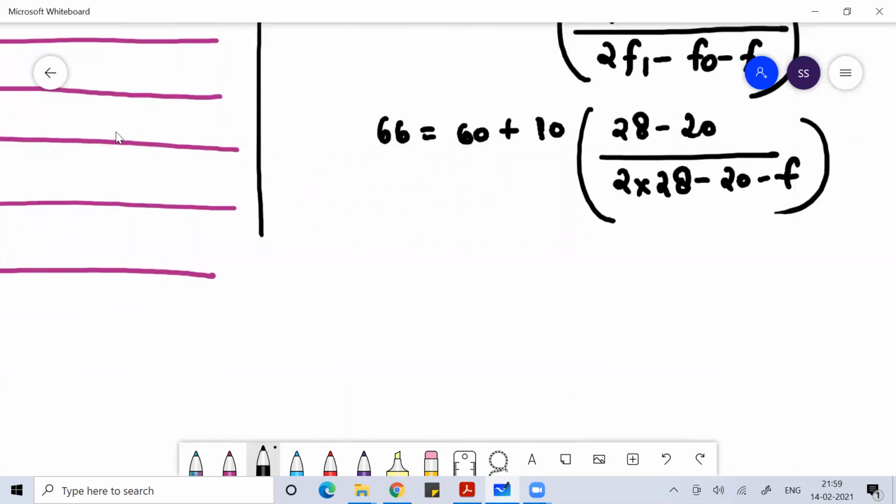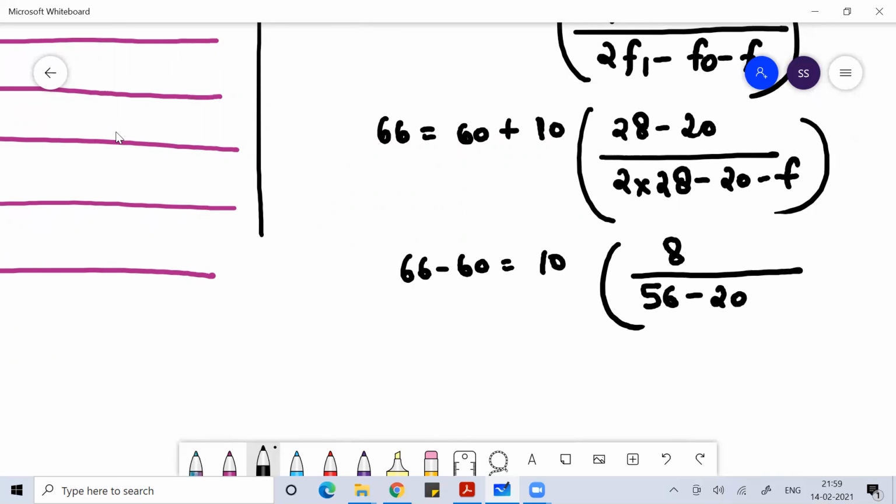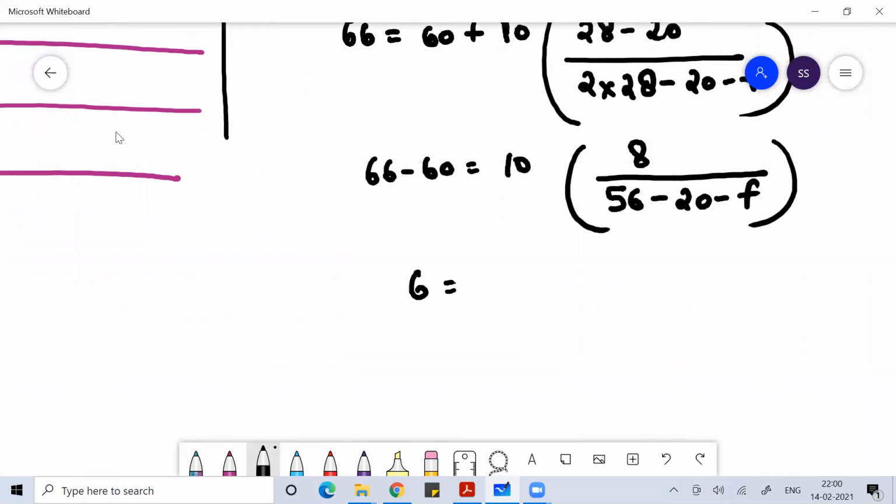Then you can solve this. 66 minus 60 is equal to 10 into 8 divided by 2 times 28, which is 56, minus 20 minus f. So 6 is equal to 10 into 8 divided by 56 minus 20, which is 36, minus f.